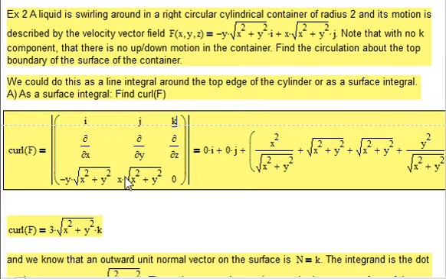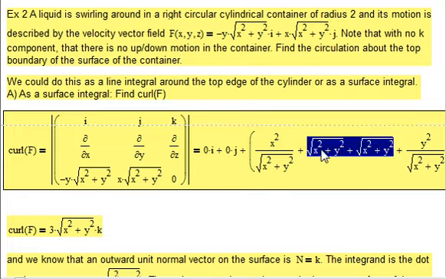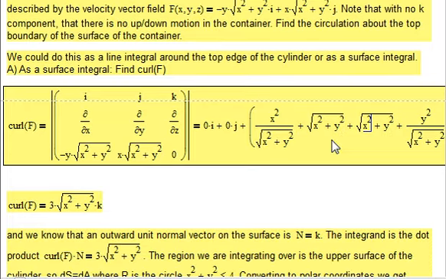k times the partial of this with respect to x, that's ugly. Trust me that this is correct. And then minus a negative, so plus this partial with respect to y. And so trust me on that part. We wind up with, golly, that's ugly.